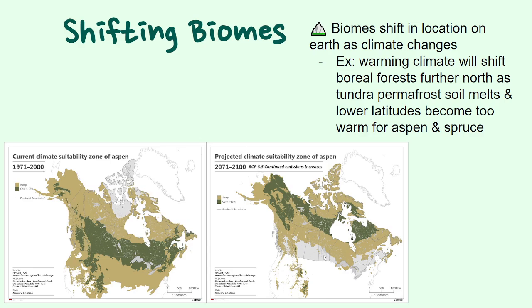Therefore, the habitat or the area where we're going to find some more of those boreal forest trees, like they list there, aspens and spruce, is going to eventually shift further north, where their temperature and climate is going to be more what is common for them now.